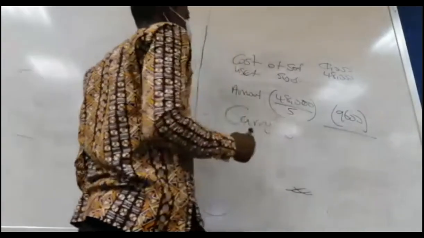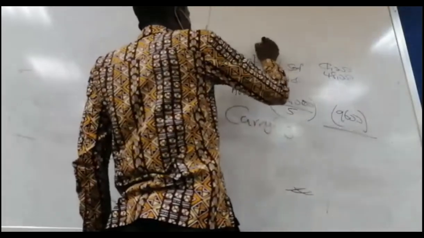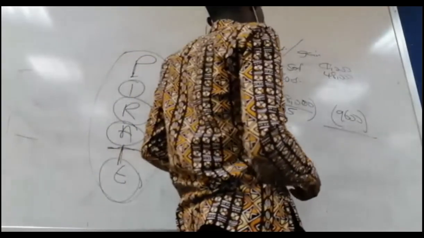So carrying amount. You can write on top: revaluation gain or loss. So the carrying amount will be 48,000 less 9,600, right? Good.